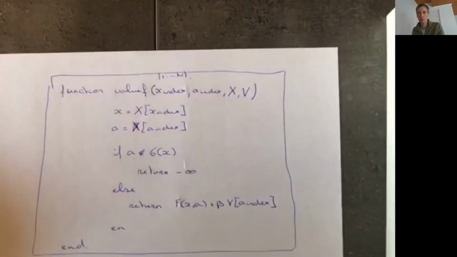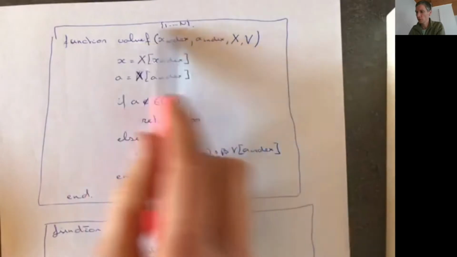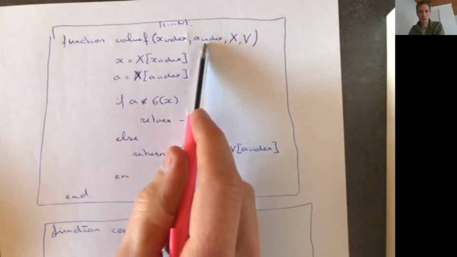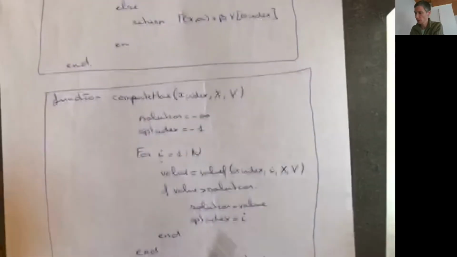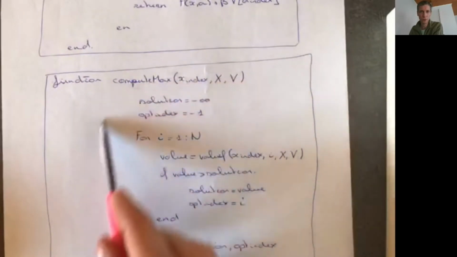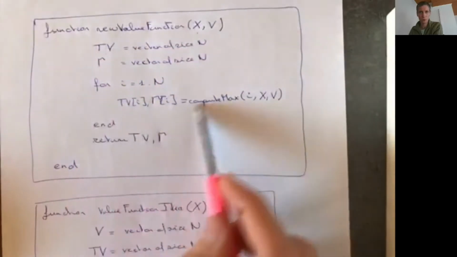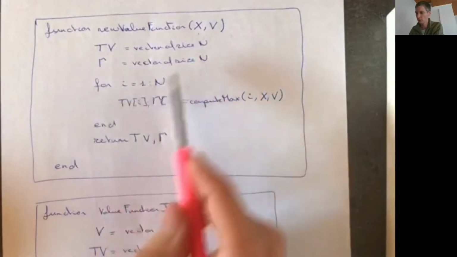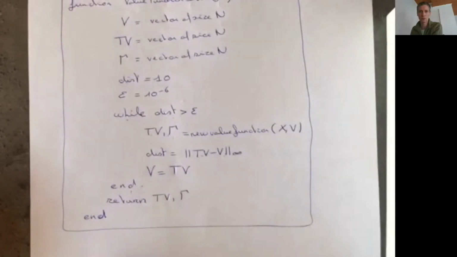Here I split it up, and in principle you can put everything in one big function, which is also reasonably valid, but here I try to split it up into a function that computes, for a given state and a given action, the function you want to optimize. Then for a given state, this is going to give you the maximum value. Then this is going to compute a new value function over all states. And then this one is going to iterate the loop over and over again until you hit the fixed point.